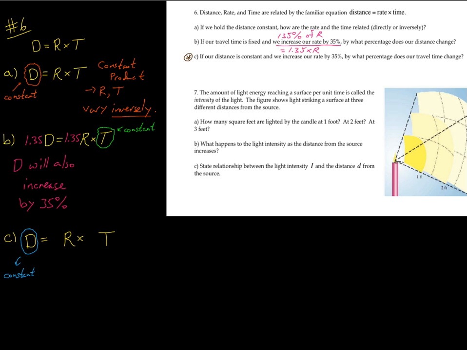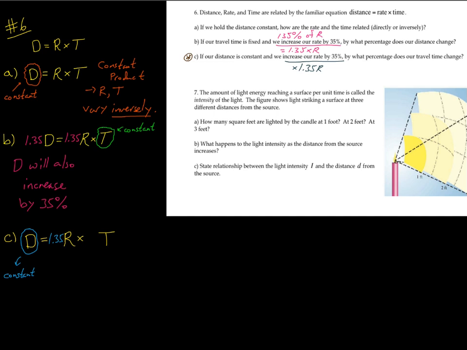And then coming over here, if we're going to increase our rate by 35%, well, just as we did in part B, that's going to correspond to a multiplication of our rate by 1.35, right? So we're going to go ahead and multiply the rate by 1.35.